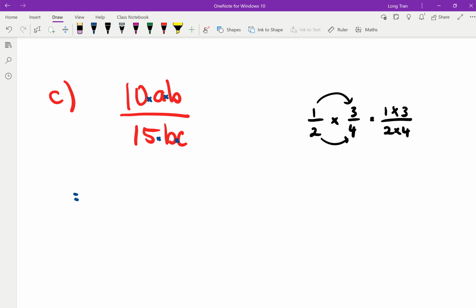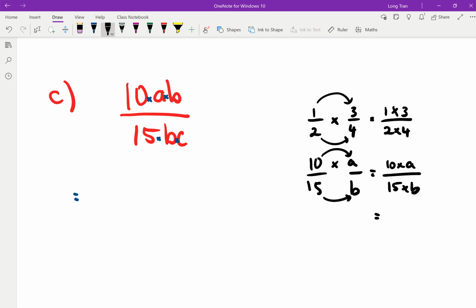Similarly, if you have 10 times A over B, and this is 15, when you collect it together, you would say top with top, so it'll be 10 times A over bottom with bottom, 15 times B. But remember, we are lazy with writing the multiplication symbol. So in fact, it would end up being 10A over 15B.